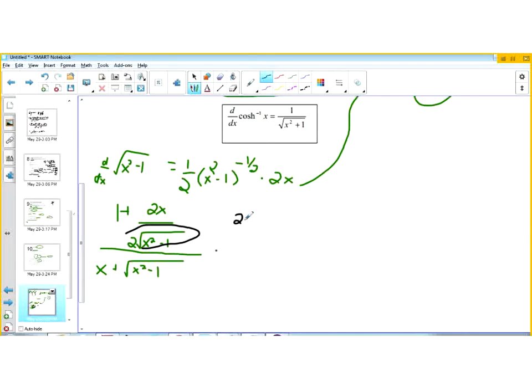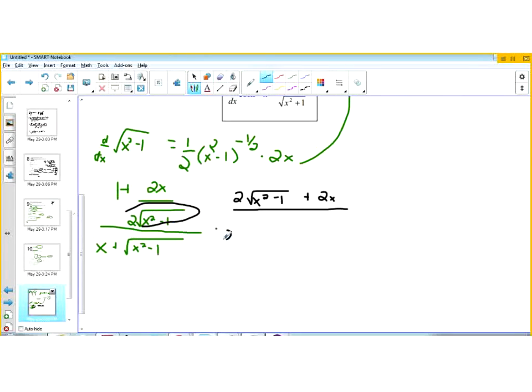So we'll have 2 times the square root of x squared minus 1 plus 2x, divided by 2 times the square root of x squared minus 1 times, that square root goes over there, times x plus the square root of x squared minus 1, like so. And then of course the 2's will cancel.